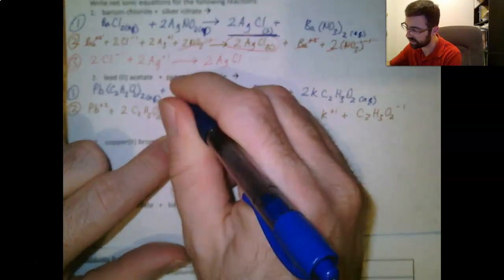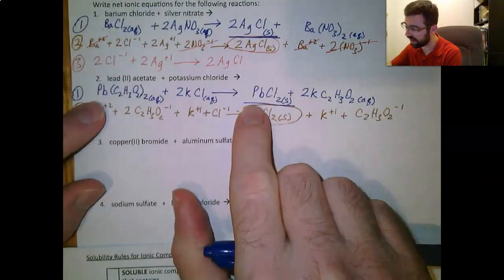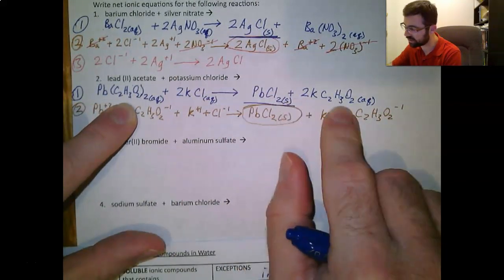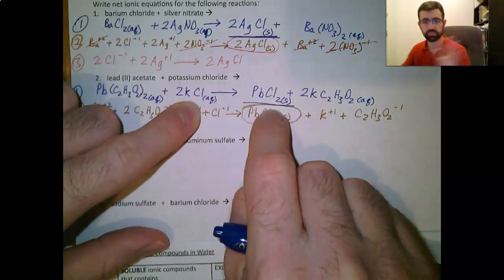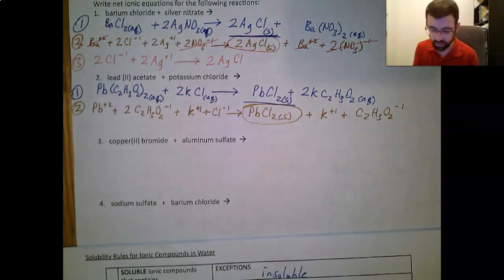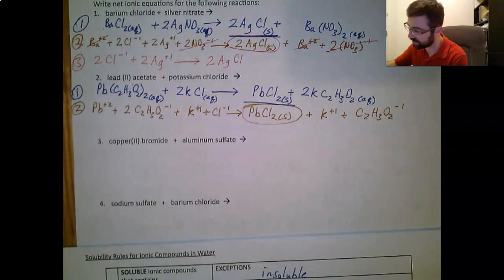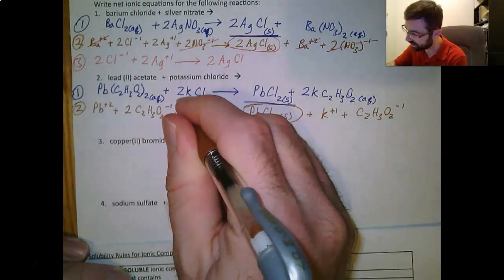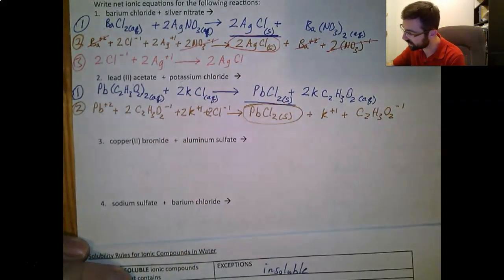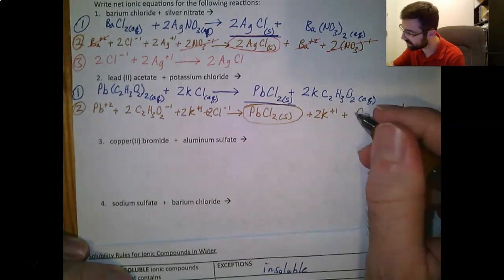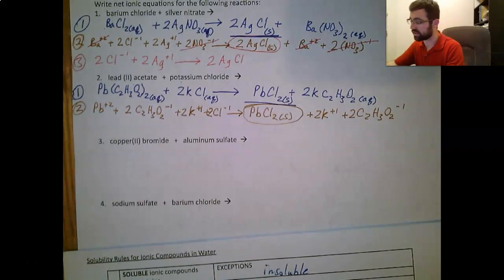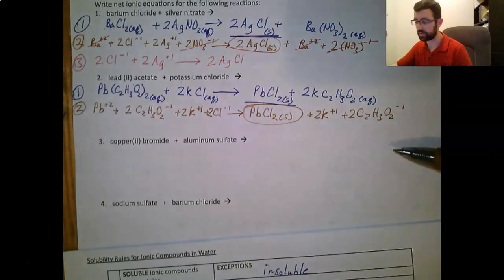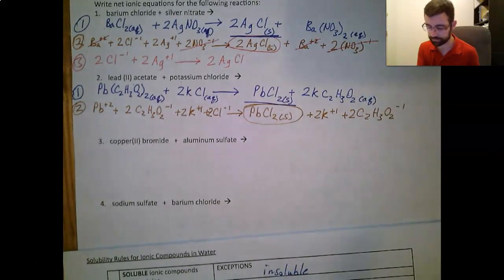I need to put a 2 here. Okay, 1 lead. I have 2 acetates. I have 2 potassiums now, and I also have 2 chlorines. Okay, we're balanced. I do want to carry those coefficients down, so I have 2K, 2Cl, 2K, 2C2H3O2. Okay, so sometimes if you forget to do the balancing, you can catch it right here and go back up and do it, but it saves you time if you do it up there.